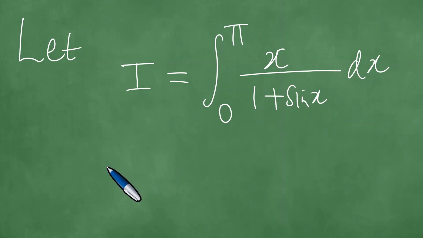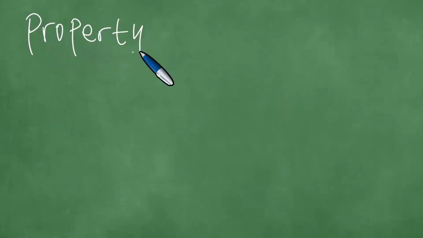And what we then do at this point is make use of a certain property. And what is this property? Let us state this property.